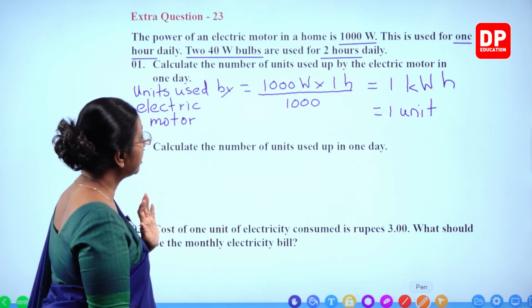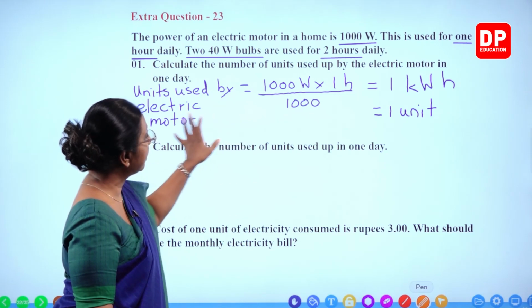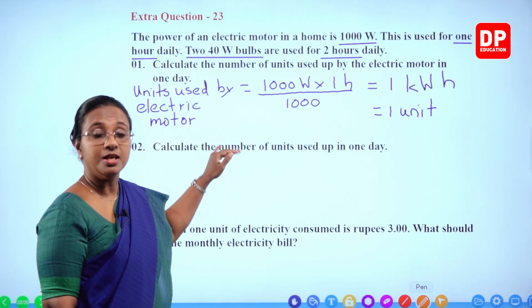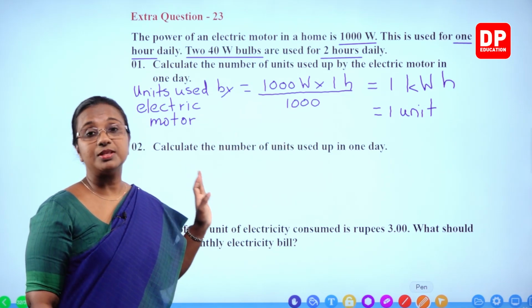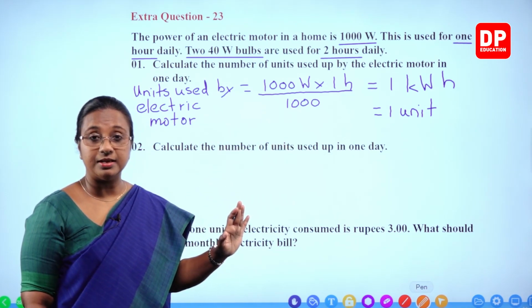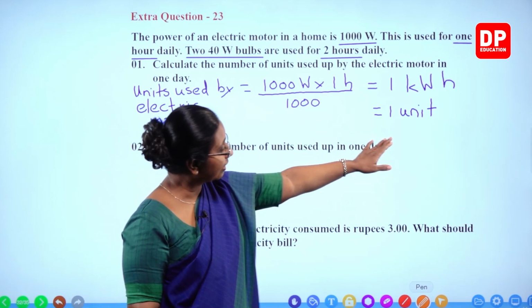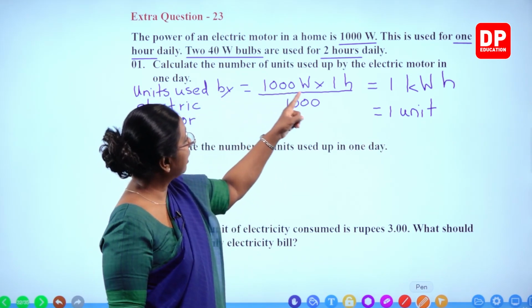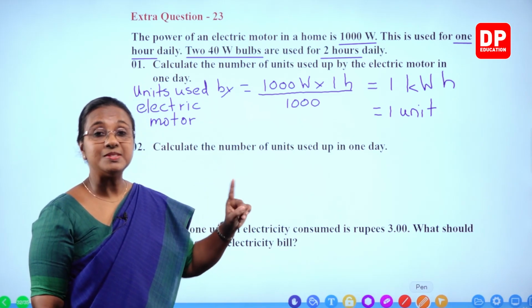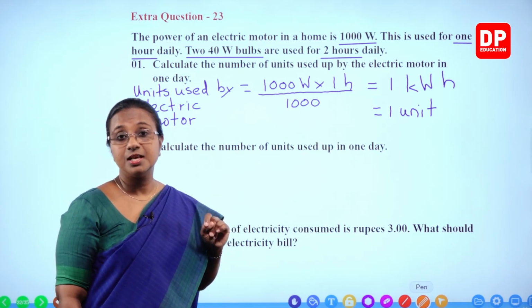So normally, if we did not have this first part of the question, we need to write this equation as well as for the bulbs and add them together. But now since we have calculated the number of units for the electric motor, we need to calculate the number of units for bulbs and add it up with this unit.